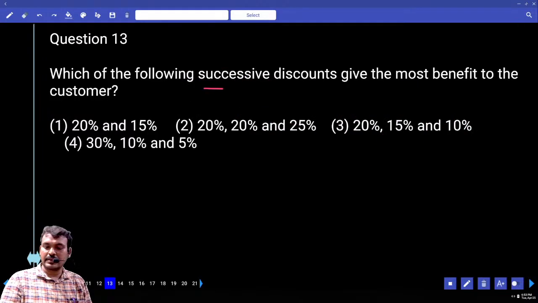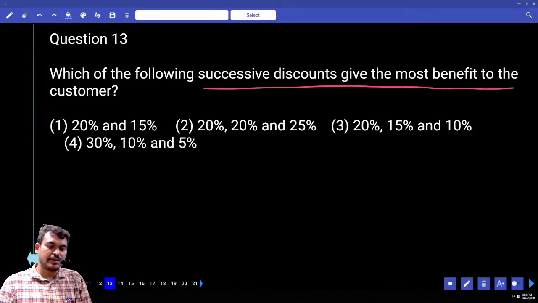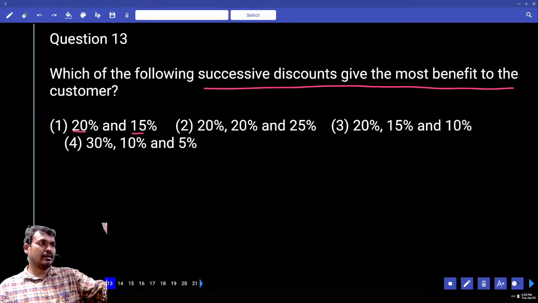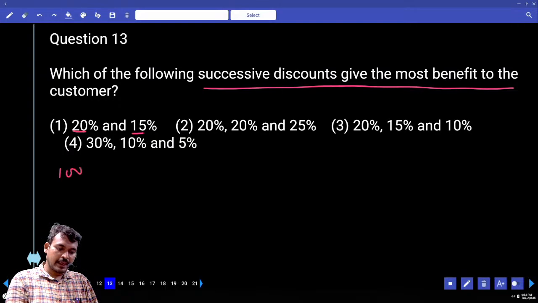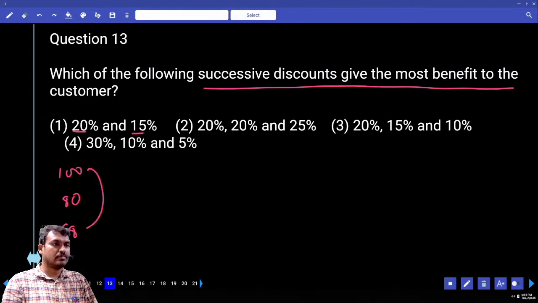Question number 13. Which of the following successive discounts give the most benefit to the customer? For the first one, 20 and 15: out of 100, 20 discount gives 80. Out of 80, 15% discount is 12, which means 68. 100, 80, 68. Customer benefit how much? 32.